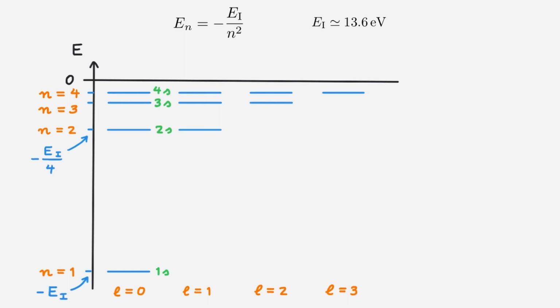There are no 1p states, and we first have the 2p states, then the 3p states, the 4p states, and so on. And the L equals 2 states are the D states, which start at 3d. And in this diagram, we also have 4d. And finally, the L equals 3 states are the F states. And in this diagram, we only have the 4f states.